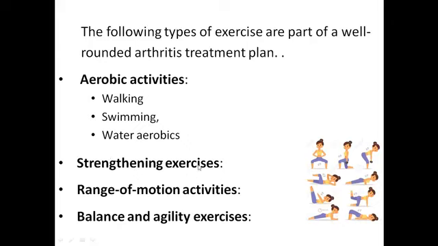Strengthening exercises are the most important, to strengthen the muscles of the affected joint and enhance movement and activity. Then range of motion activities, balance and agility exercises. These are the exercise patterns we can advise the patient to relieve the pain as well as improve the function of the joint.